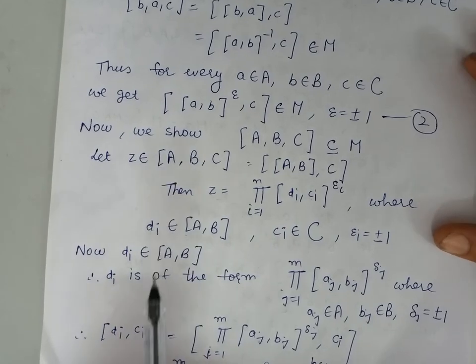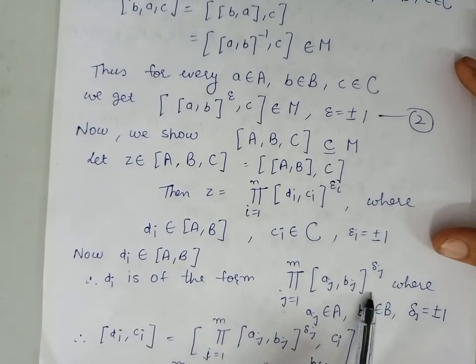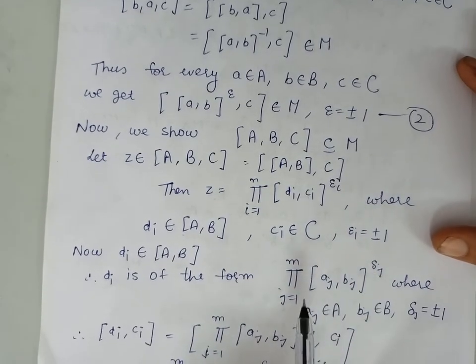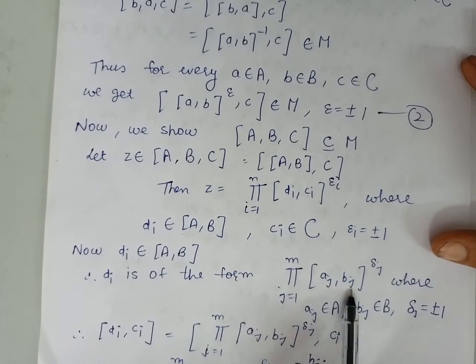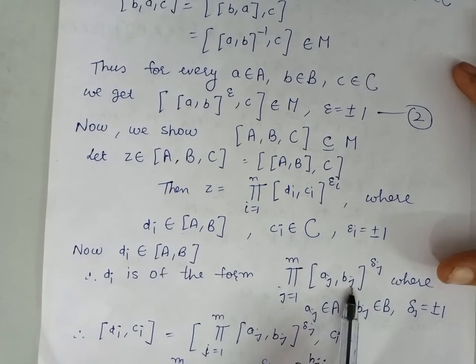So we can say that Di will be of the form of a finite product of commutators. So we have taken this type of element, the product of commutators of elements Aj with Bj, in the power we have taken delta j, which are either +1 or -1. These Aj are elements of subgroup A, and Bj are elements of subgroup B.